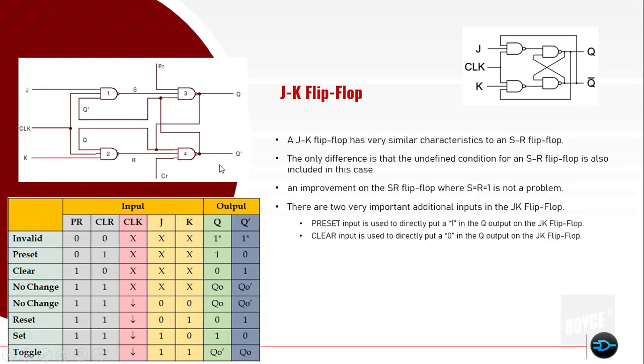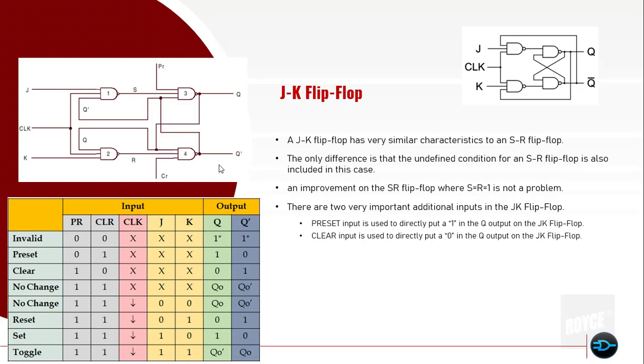Next flip-flop, we have JK flip-flop. Diba ang ayaw natin sa SR flip-flop is the condition where the S and R are 1. Bakit? This is the forbidden or this is the invalid combination.